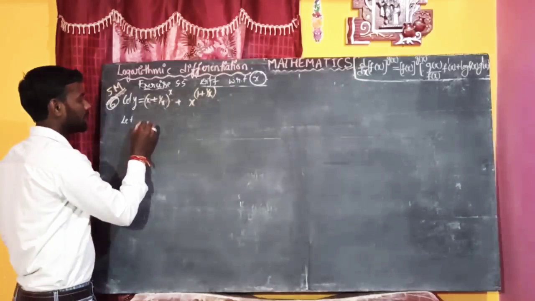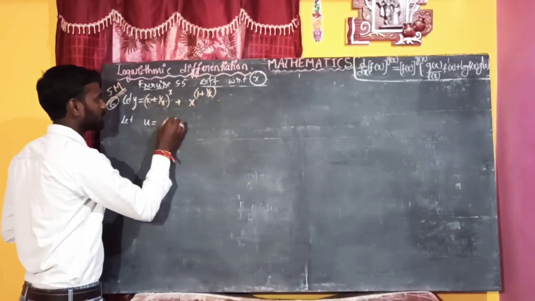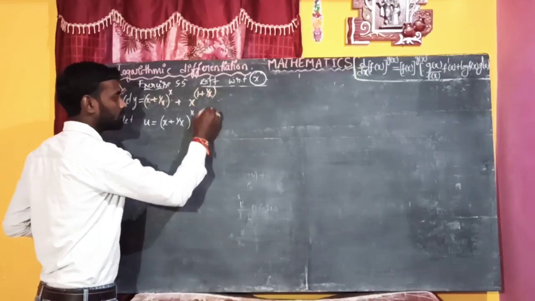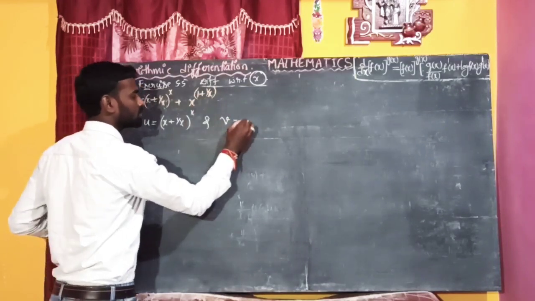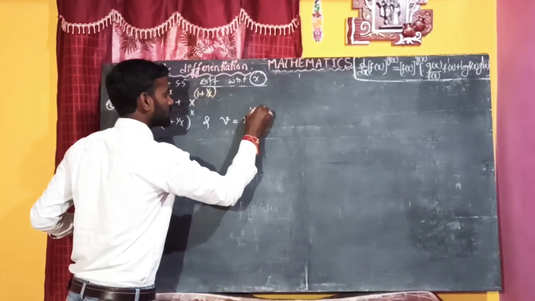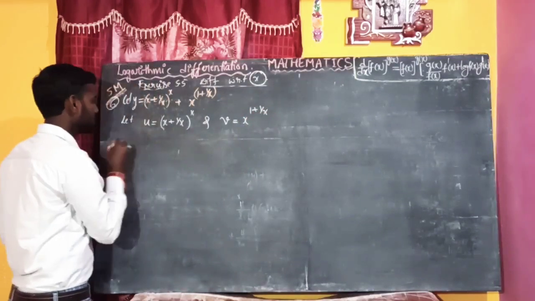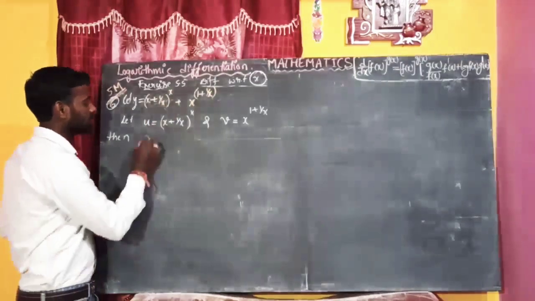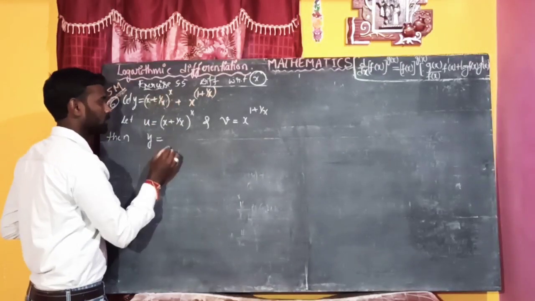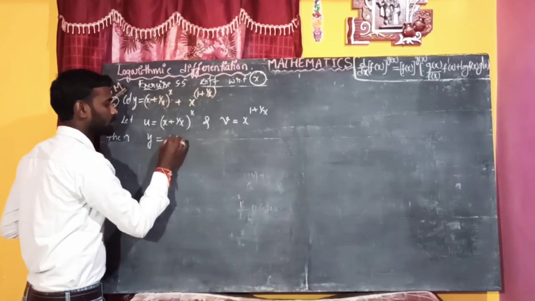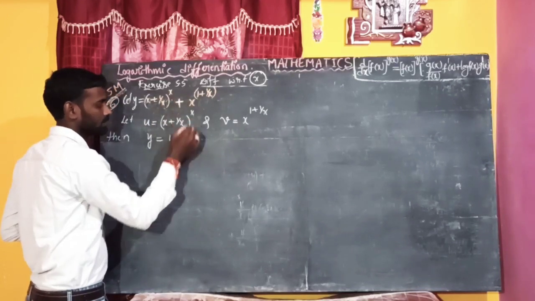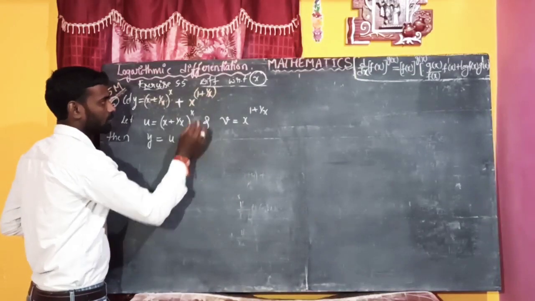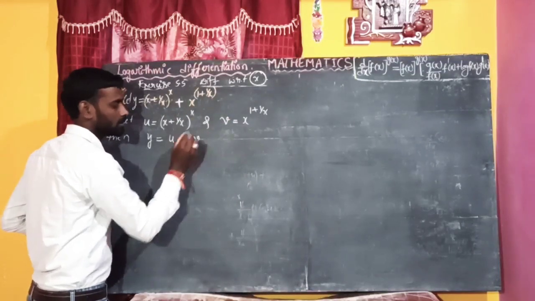Let u here be equal to x plus 1 by x whole power x, and v here be equal to x to the power of 1 plus 1 by x. Then the above equation becomes y is equal to u plus v.